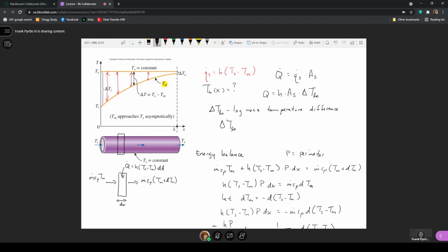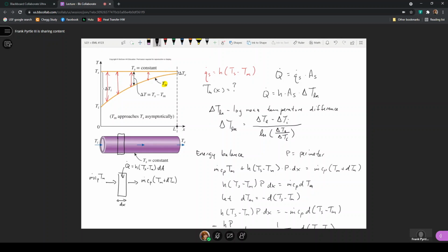delta T_LM is the temperature difference that exists between the surface and the fluid at the exit minus the temperature difference that exists between the surface and the fluid at the inlet, divided by the natural log of the temperature difference at the exit divided by the delta T at the inlet.